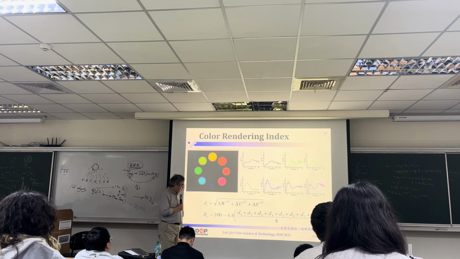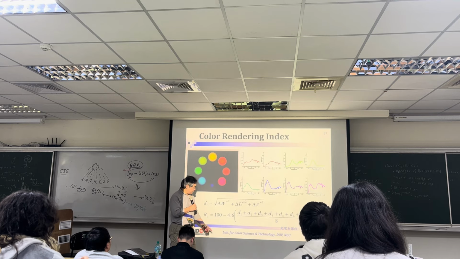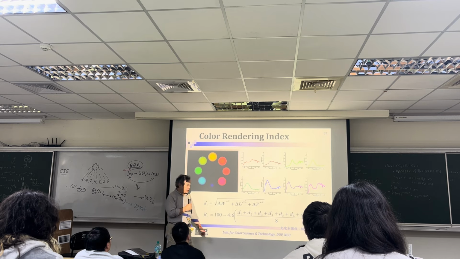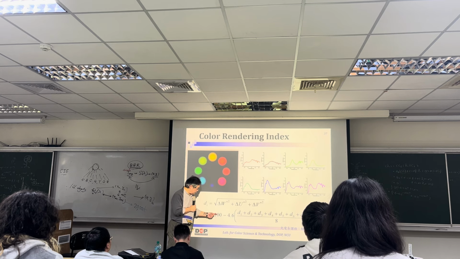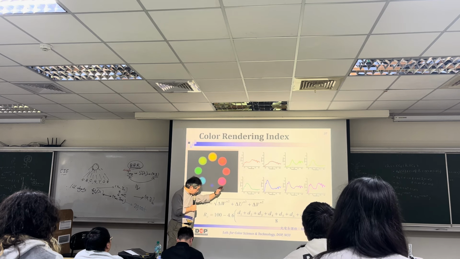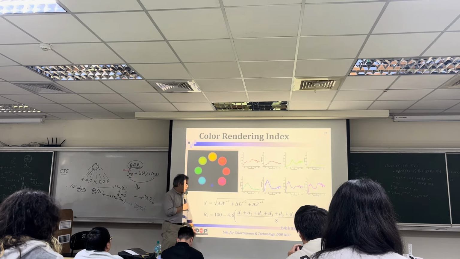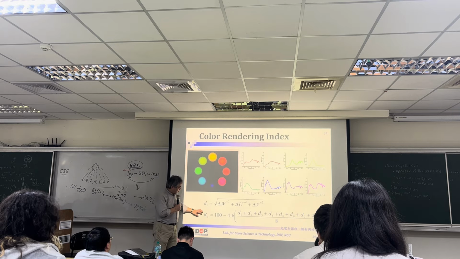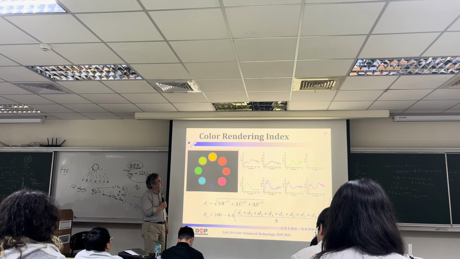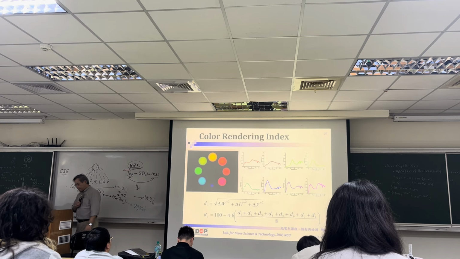So every color difference is multiplied by this scale, and we try to see how far from 100 it is, so how bad it is. So this method tells you the CRI based on 8 color samples.